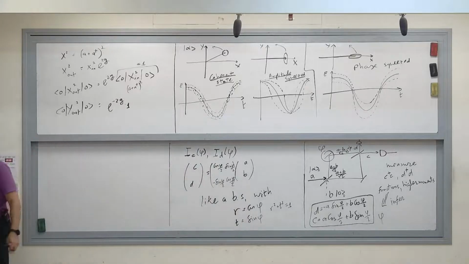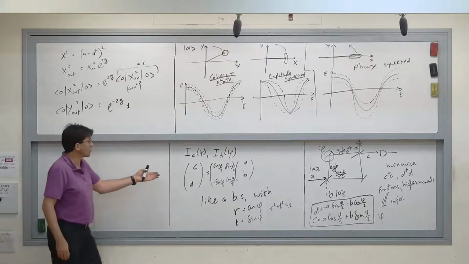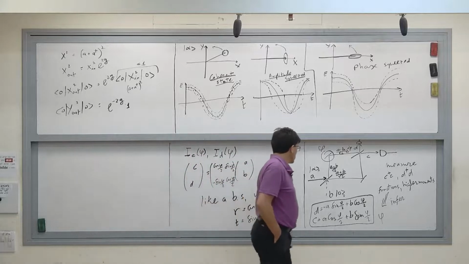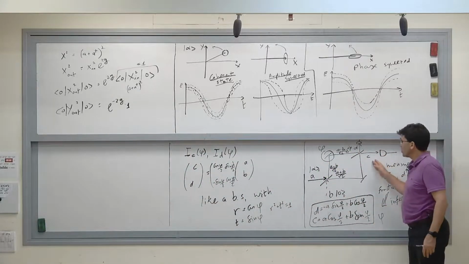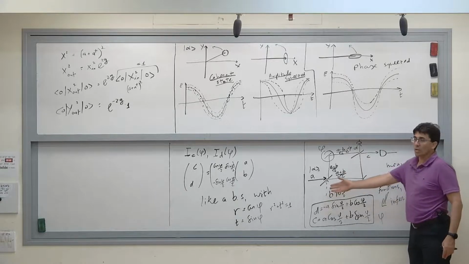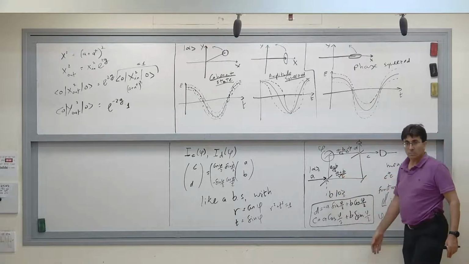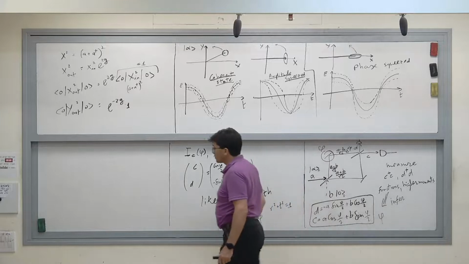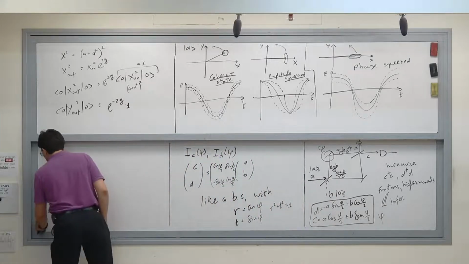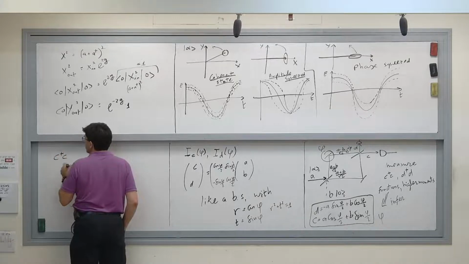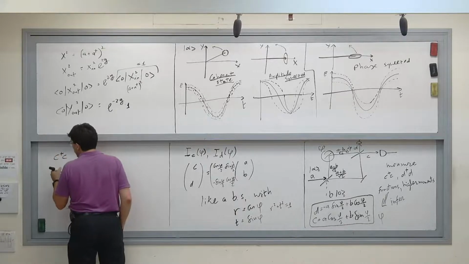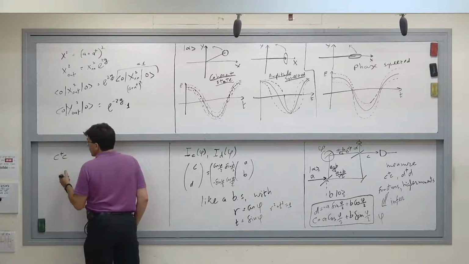Now, using this relation, we can do any calculation of the output depending on what we assume on the input. So let us calculate, for example, C dagger C average.